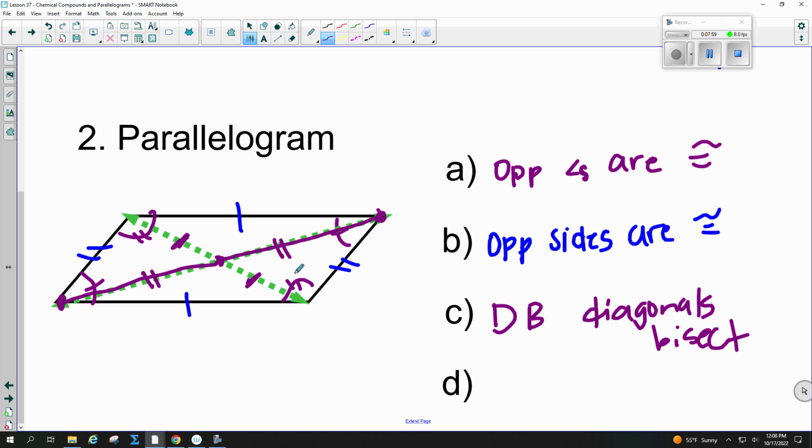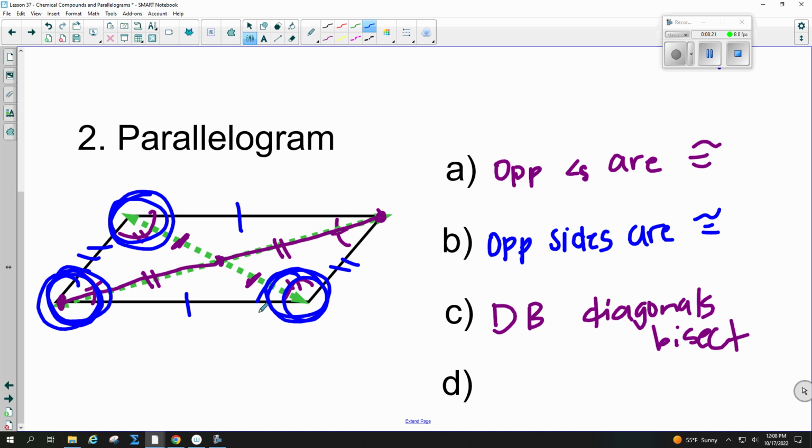Adrian? Okay, 360 degrees is the total. Yep, the other interesting thing: what do we know about this angle plus this angle? Yep. Or this angle plus this angle, 180. Or this angle plus this angle.